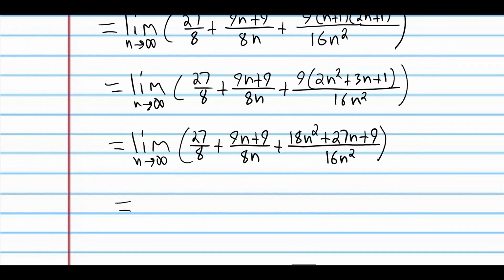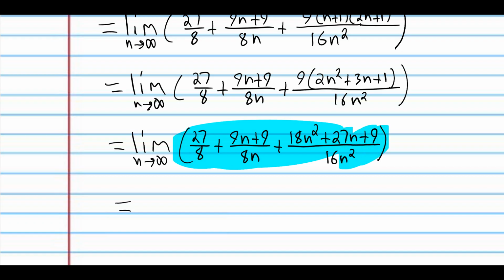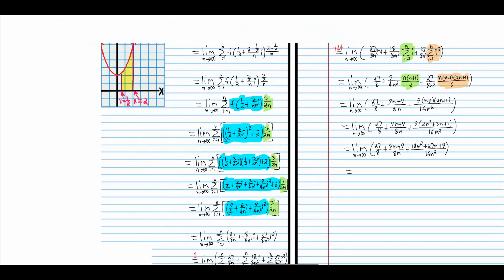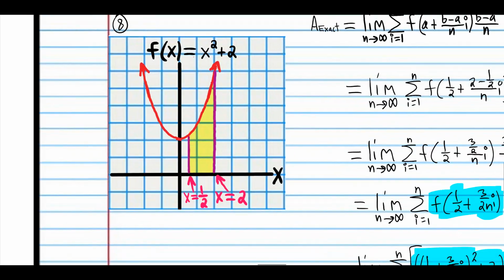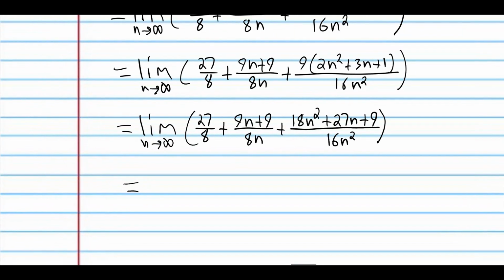Okay, so now we're ready to consider the limit notation. We're going to allow n to approach infinity. This is an estimate for the area of the shaded region, this area here, using n rectangles. But if we allow n to get really, really big, we see that this expression approaches a number and it can't go past that number.